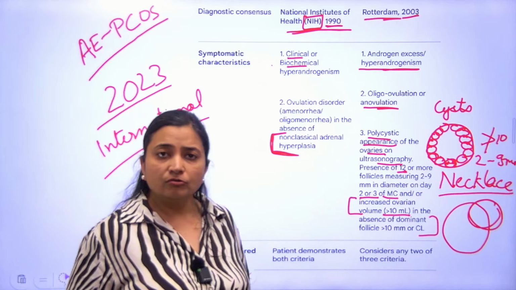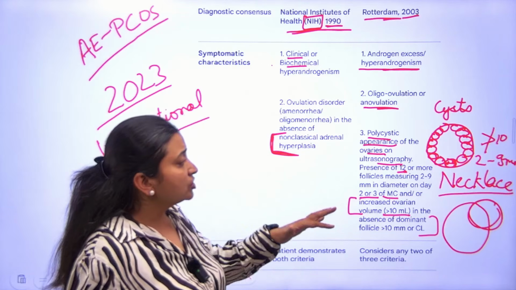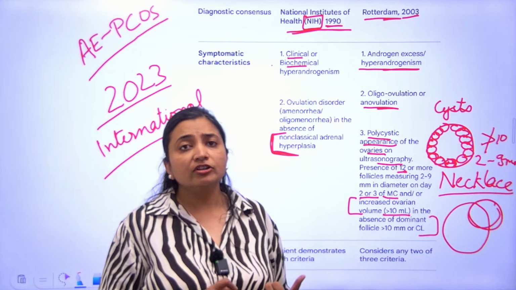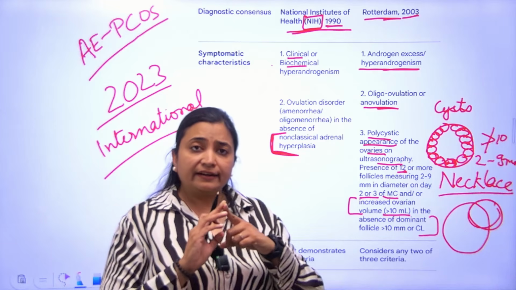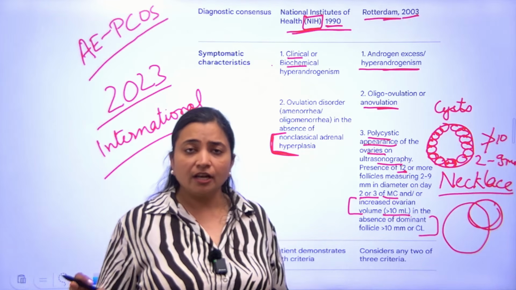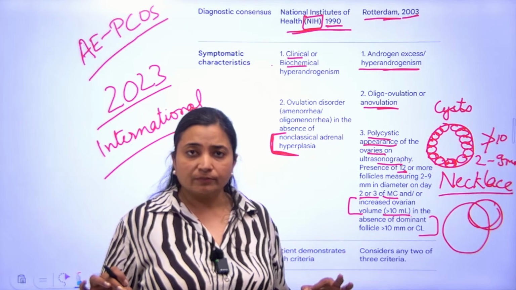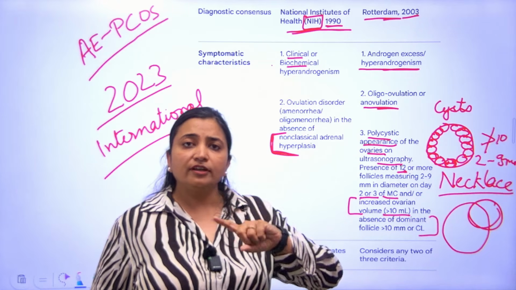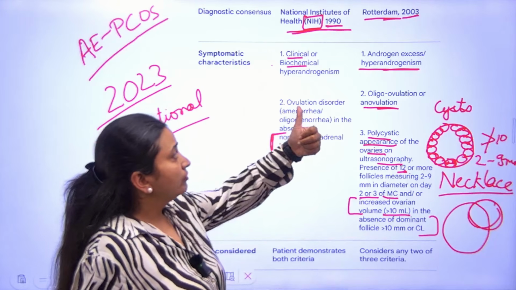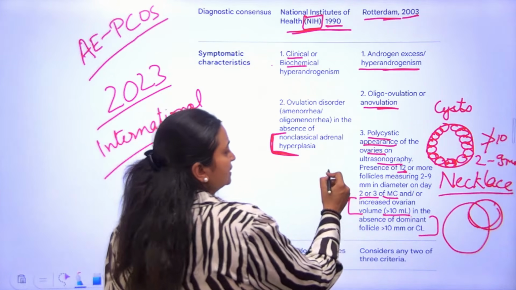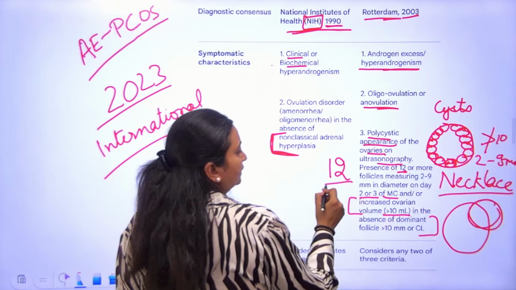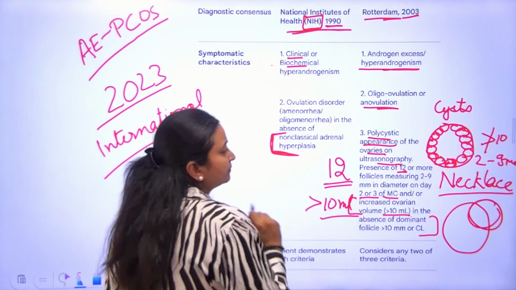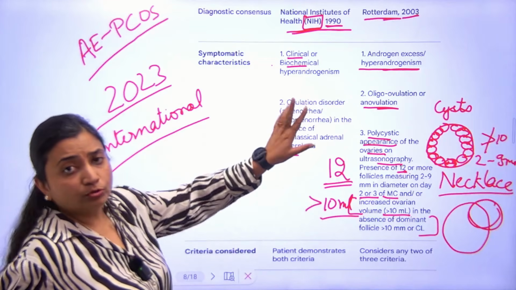So in toto the volume will increase. So if we want to measure the ovarian volume, we always do the sonography on 2nd or 3rd day of the menses, so that neither there is any dominant follicle nor any corpus luteum. So the ovary is in the most dormant stage at that time, and the exact ovarian volume can be calculated. So what were Rotterdam criteria in 2003? Presence of more than 12 follicles and ovarian volume more than 10 ml. These were the criteria in 2003.